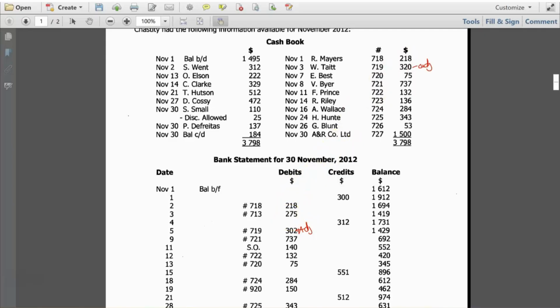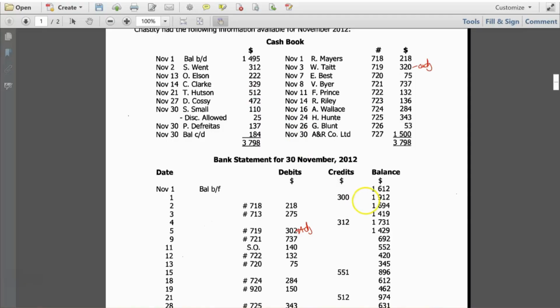So just keep that in mind when we're reviewing these transactions on the bank statement in the debit and credit columns. Now, the $300 we see here on the credit side of the bank statement would have been an unrecorded deposit in the prior period. Because we are trying to make sure that the beginning balance in the cash book and the bank statement balance, we'd have to use this amount to deduct from our cash book balance when we're doing our opening reconciliation.